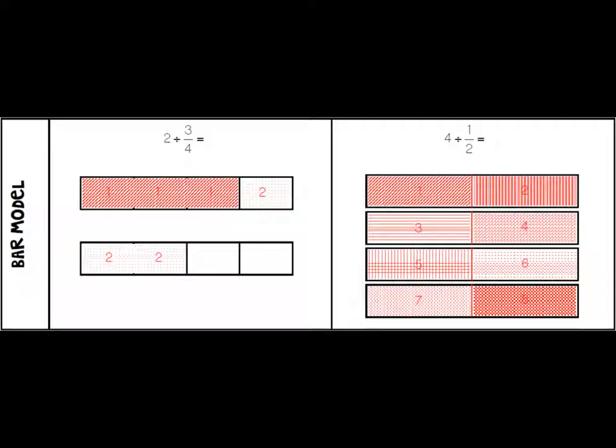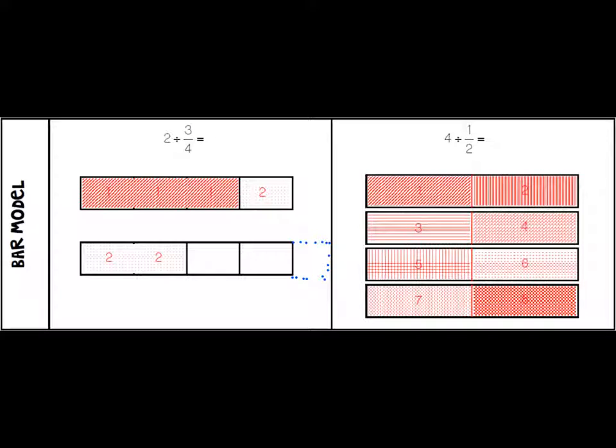So this is where it gets a little confusing for some people, because we might have 2 left over, but it's not 2 out of 4. The 2 is the remaining, but how many are in a group? There's 3 in a group. So if we made an imaginary box here, that would be how many would be left over.